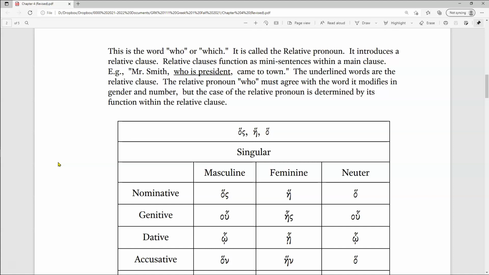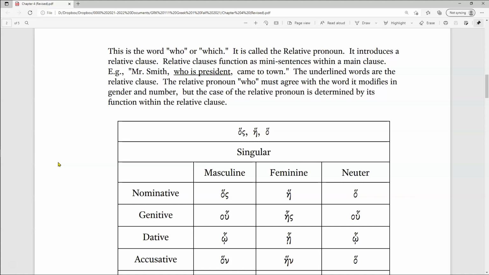So if I say, I live my life for God, okay, what case is I? No, because it's a subject. What's the verb in that sentence? Live. What's my life in that sentence?